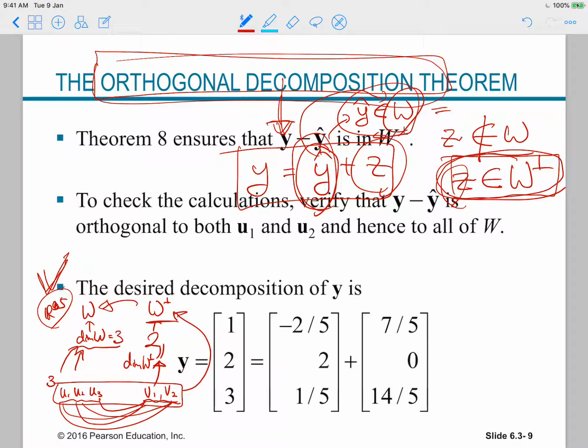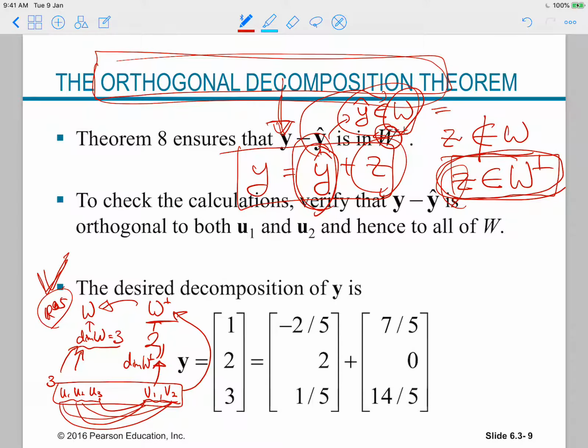And then for any y vector, this orthogonal decomposition will always exist, because W and W perpendicular, once added together, will work as the basis for the entire space R5. So it means any given vector in R5 can always be represented in this form, where the decomposition is composed of these 2 vectors. So that way, this orthogonal decomposition will always exist, and also it is unique.